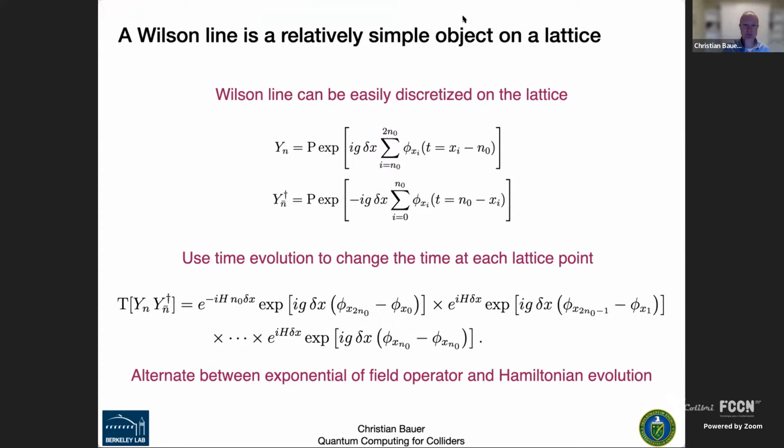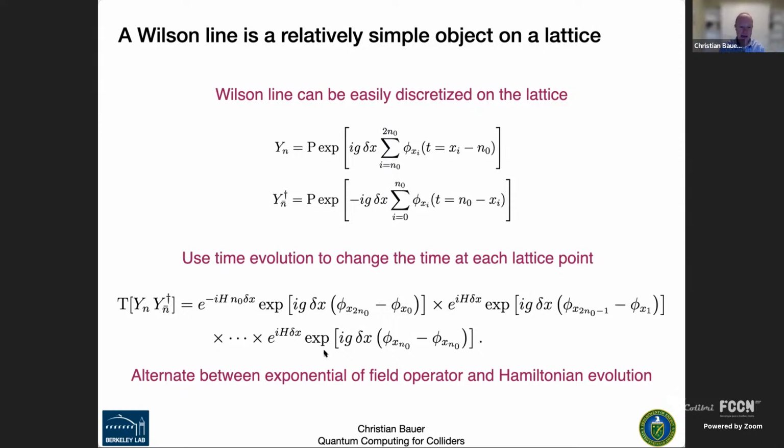Now you can take this expression and rewrite it a little bit. Each term in this exponent, there's a sum in the exponent, which, since the fields phi at different points commute with one another, I can write as a product of exponentials. But each term in this exponential is evaluated at a different time. Now I can use time evolution to put this all at the same time.